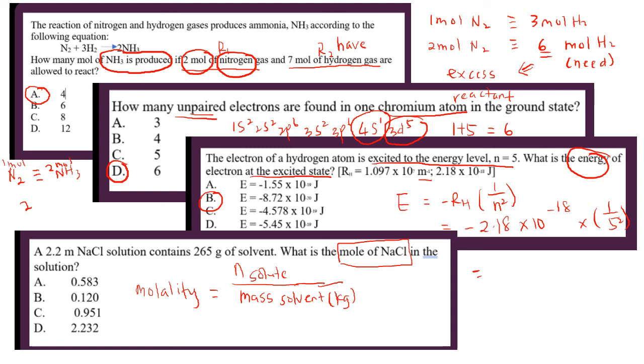In this case, if we need to find the mole of solute, we are going to use molarity multiplied by the mass of solvent. Don't forget we have to convert it to kilogram, which is 0.265. So when we press the calculator, 2.2 multiplied by 0.265, we will get the answer 0.583. So the correct answer is option A.